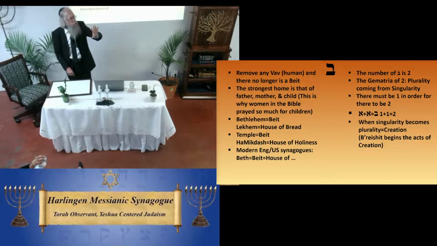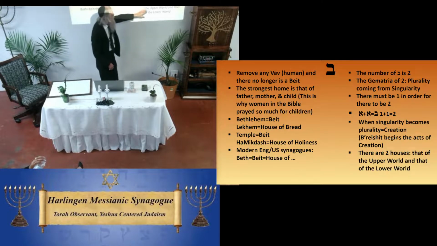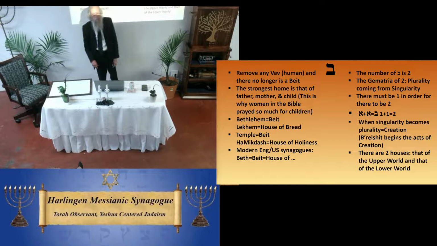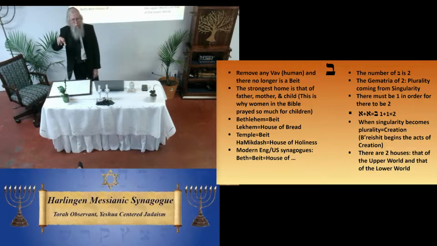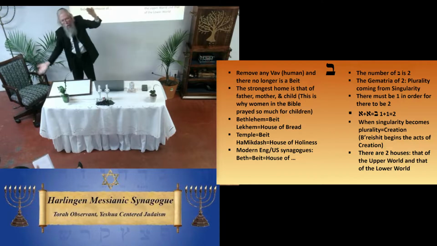And in creation, there are 2 worlds. The upper world and the lower world. There are 2 houses. The upper world, Shamayim. Bereshit bara Elohim et Shamayim, the heaven, ve'et haaretz, the earth. The heaven and the earth, the upper world and the lower world.